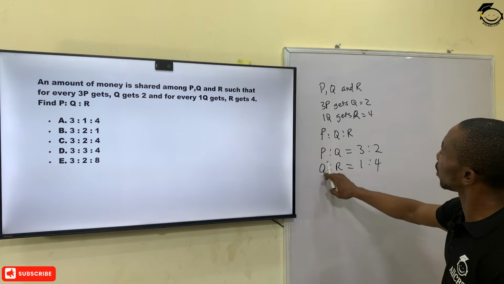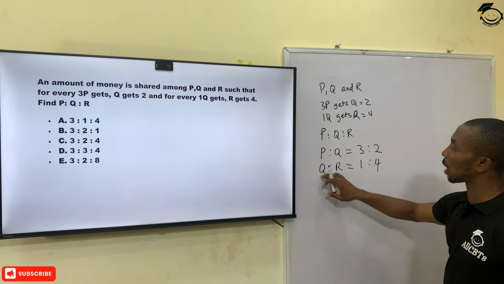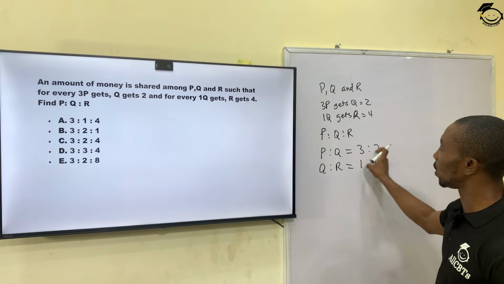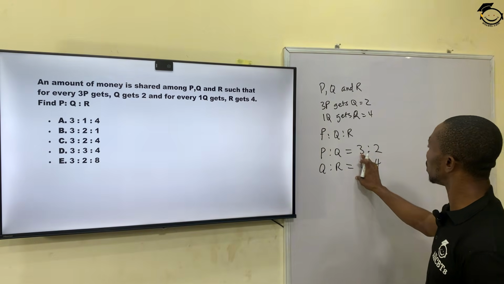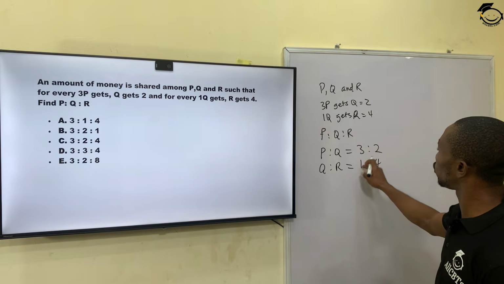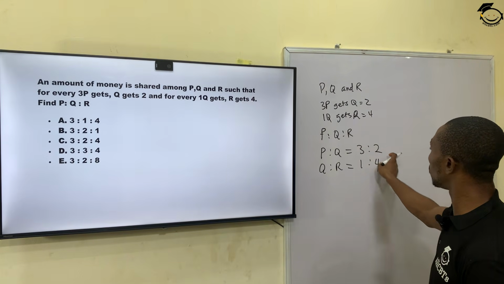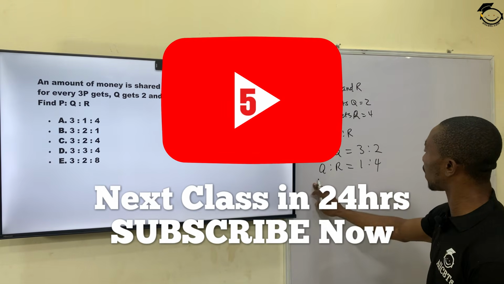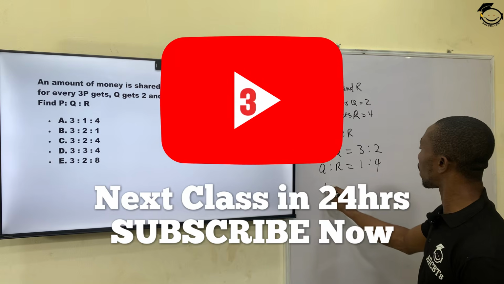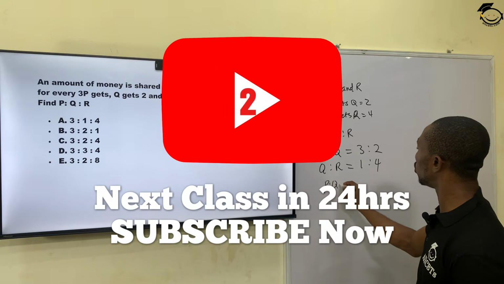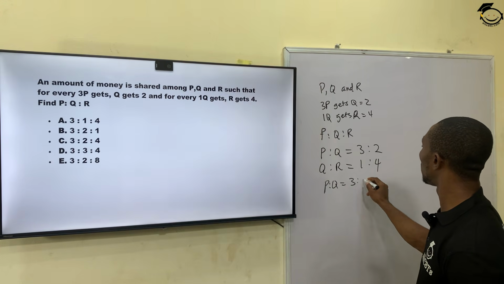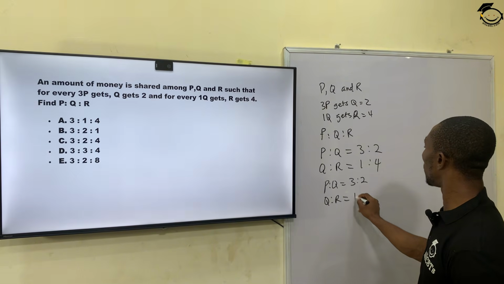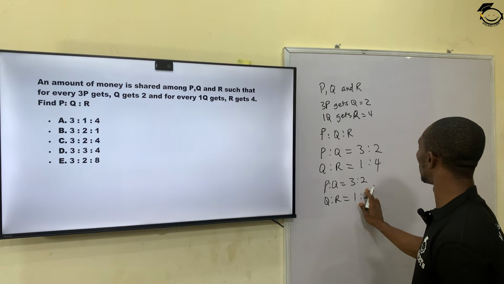Now, in both of these, we are having our P, our Q, but now we have to equate our Q to be equal. In order to do this, we'll find the LCM of 2 and 1, which is 2. So we are going to multiply the ratio of Q and R by 2. So our P is to Q will still remain constant, 3 is to 2. Now our Q is to R, we multiply it by 2.